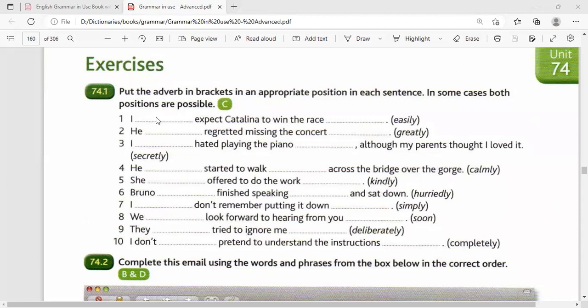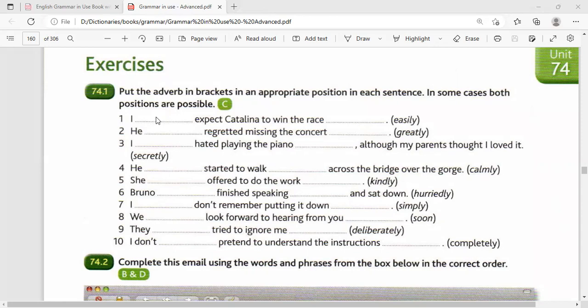Why is it better to use secretly after the subject? Your answer is correct, but why? Because it modifies the hated. Yeah, okay.